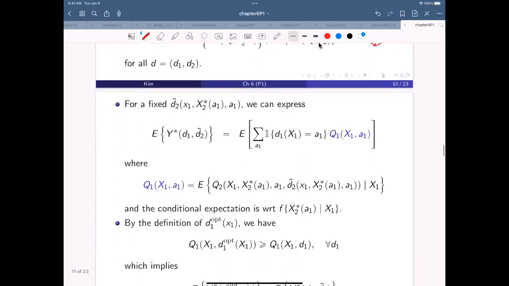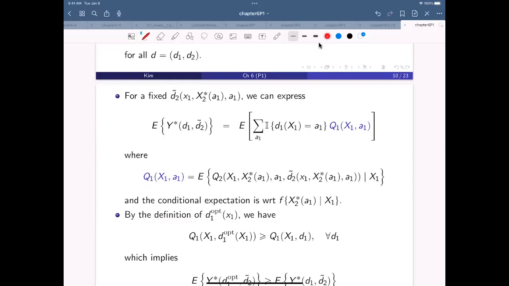We never know the optimal decision of D1 until we go to the future. That's why we first optimize D2 and then optimize over D1, so that it will eventually give the global optimum.